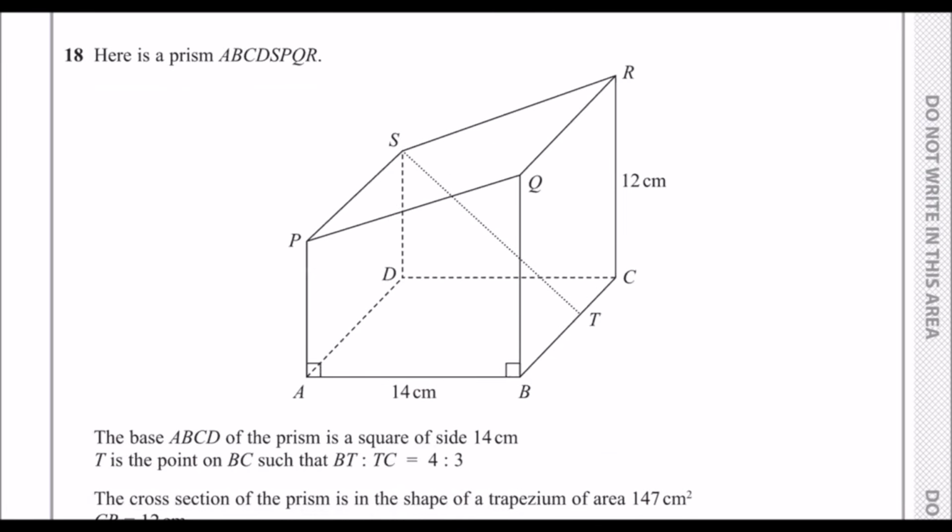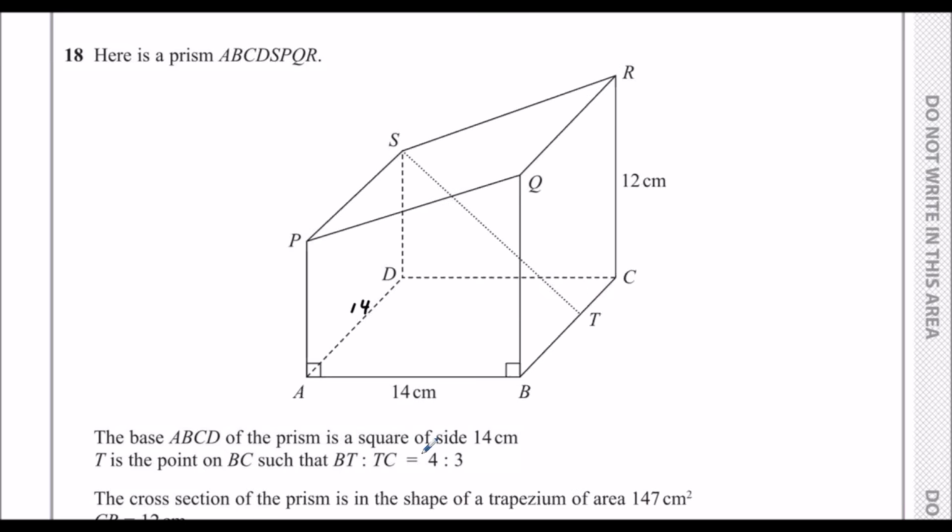Question 18. Here is a prism ABCDPQRS. The base ABCD of the prism is a square of side 14 centimeters. T is the point on BC such that BT to TC is 4 to 3.